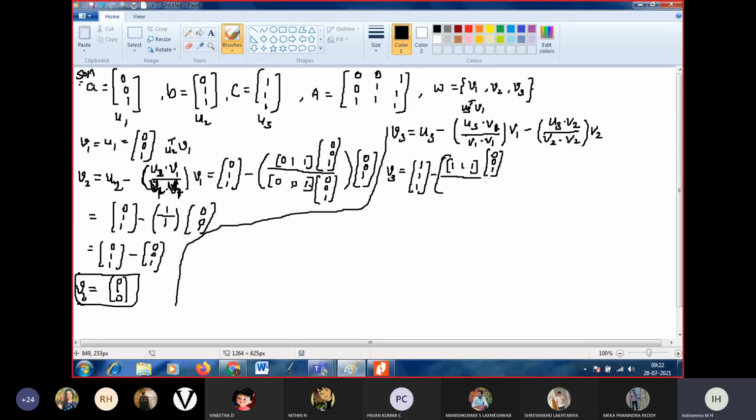Divide by V1 dot V1, which means V1 transpose into V1. So here we have 0, 0, 1 into 0, 0, 1, that's complete, into V1. V1 is 0, 0, 1.